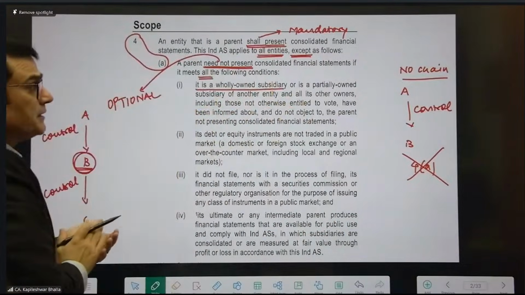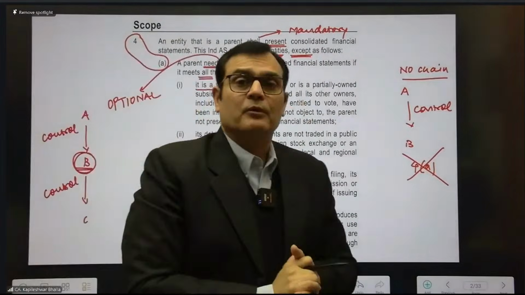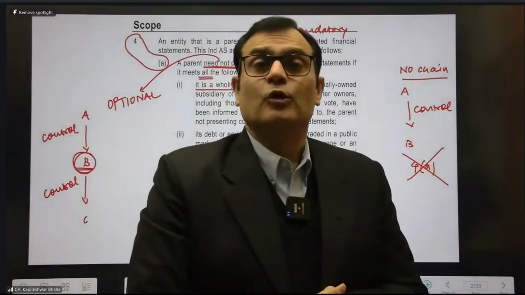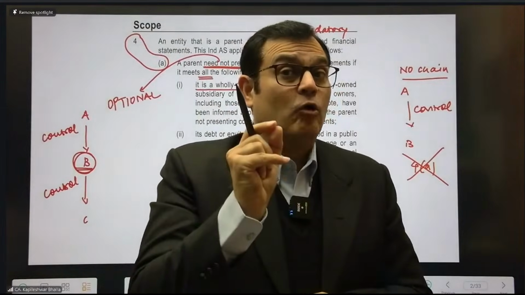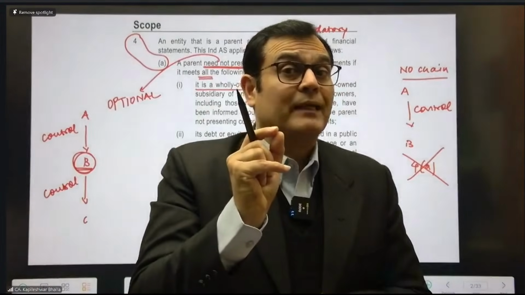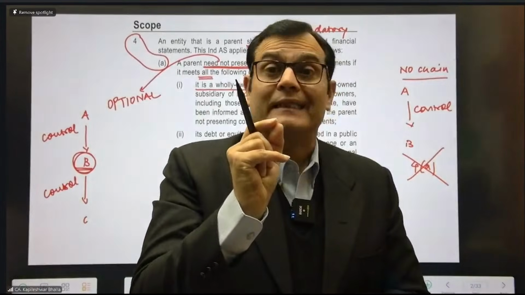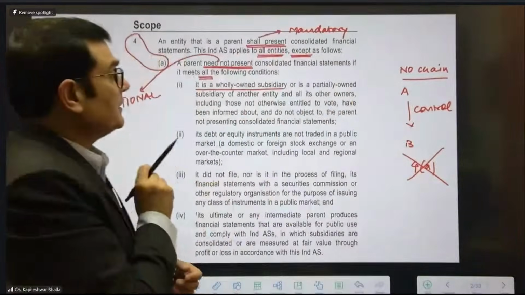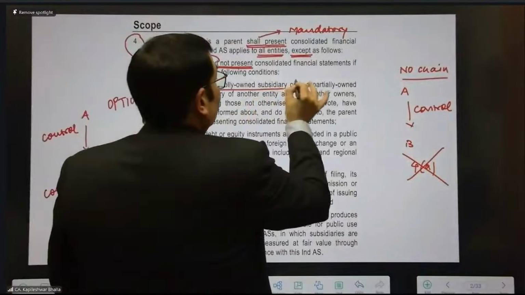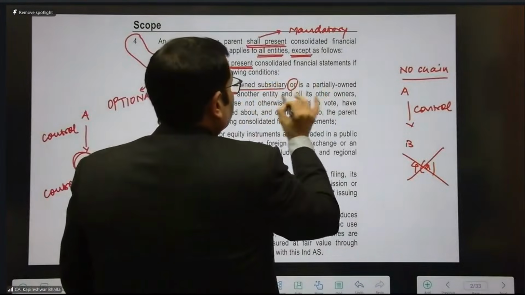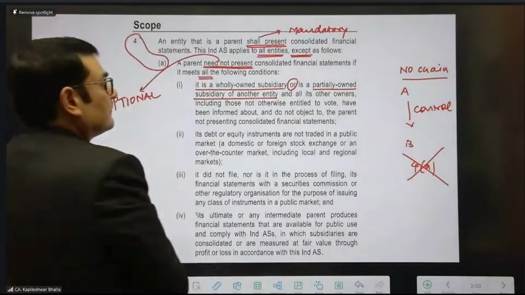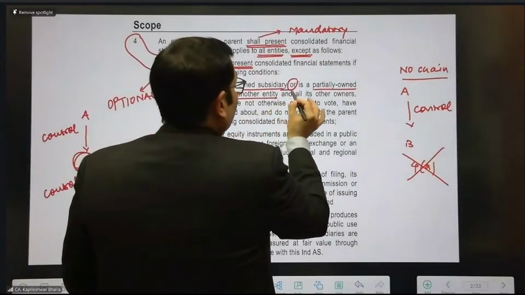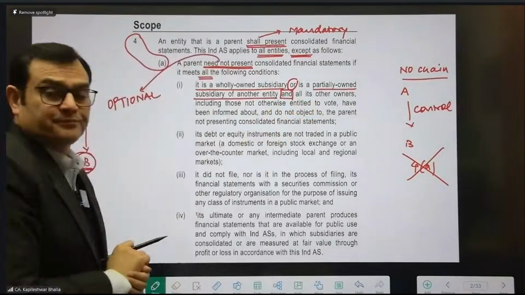When I say it is a wholly owned subsidiary, I'm looking at B as the wholly owned subsidiary of A. So the first condition is that all the shares of B in my example are held by A Limited. So B is a wholly owned subsidiary, and if not, the other part is it's a partly owned subsidiary of another entity. And then there is a word 'and'.